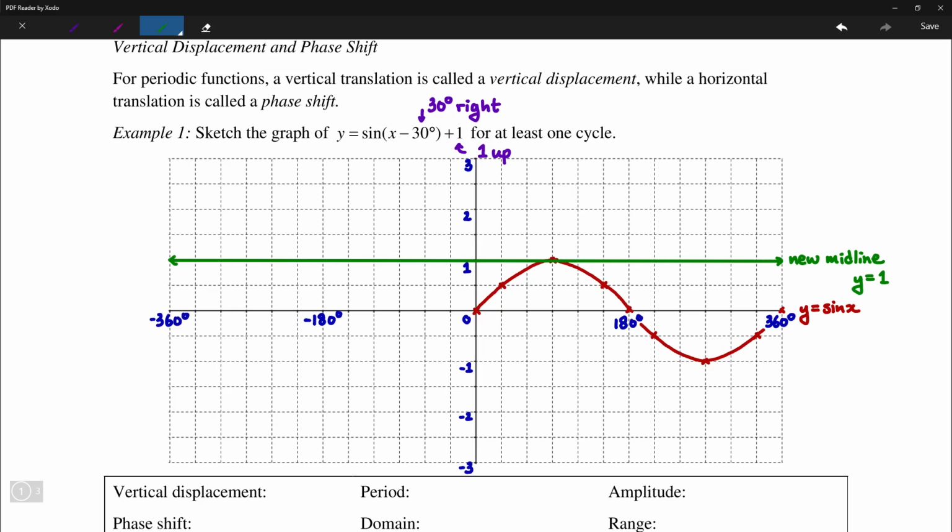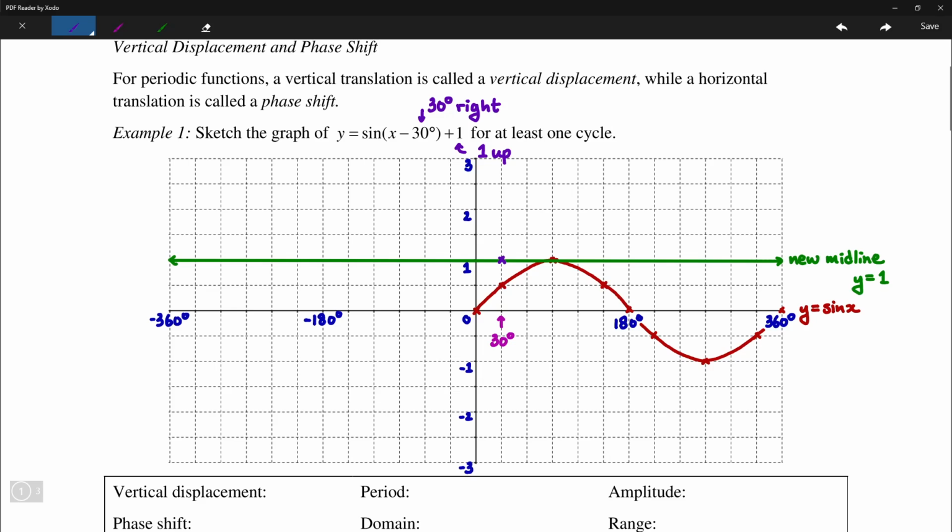Secondly, we know that the graph is moved 30 degrees to the right, which using this grid is 1 square to the right. So each square here is 30 degrees. Our new graph is going to start at this point here, 30 degrees to the right and 1 unit up compared to the original point.